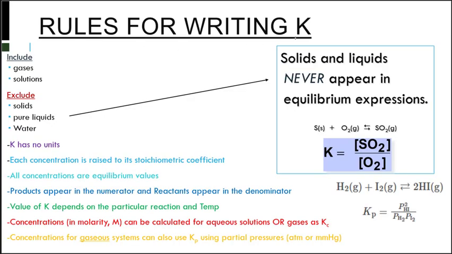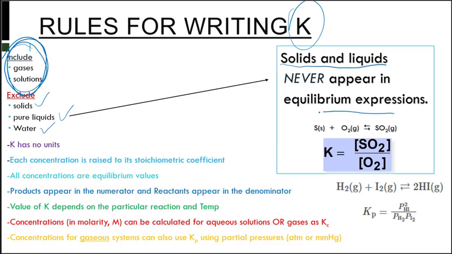Let's look at some rules for writing our equilibrium constant expressions. We include gases and solutions. We do not include solids, pure liquids, and water. Because solids and liquids never appear in equilibrium expressions, if I have an equation like this and I'm asked to write my K expression, products over reactants, I would say the concentration of my product, which is SO2, divided by my reactants.